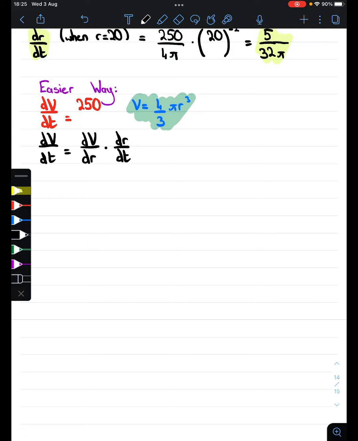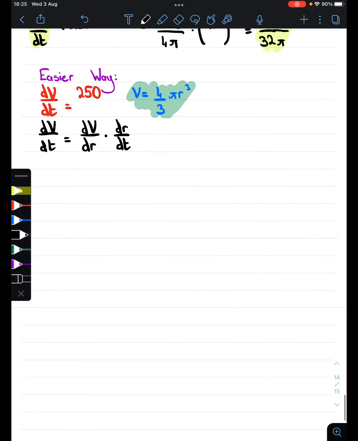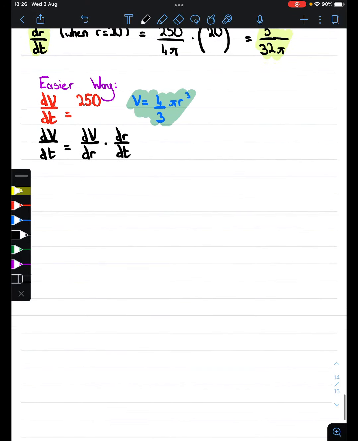And so you see this dr dt term pops out here anyway, even though we're not directly looking for it, we're going to get it anyway. And then this will give us dv dt in the same way where these two terms almost cancel each other out. Okay, so now if we differentiate this with respect to r, it's a hell of a lot easier and less algebra to do. So dv dt here would just be bring down the power of 3 and reduce it by 1.